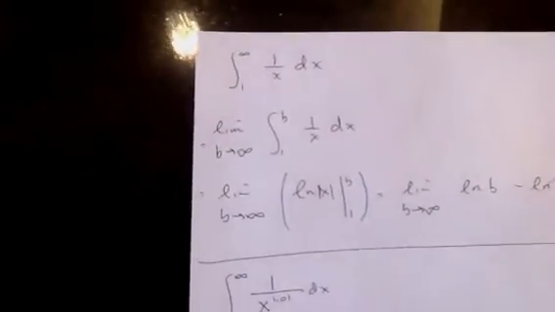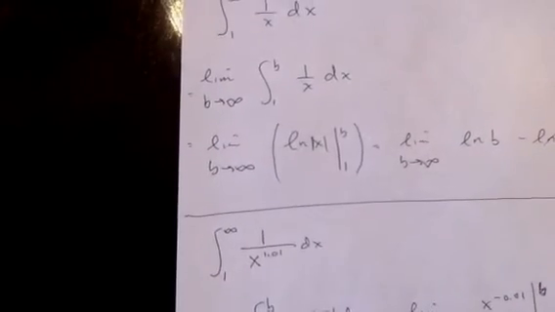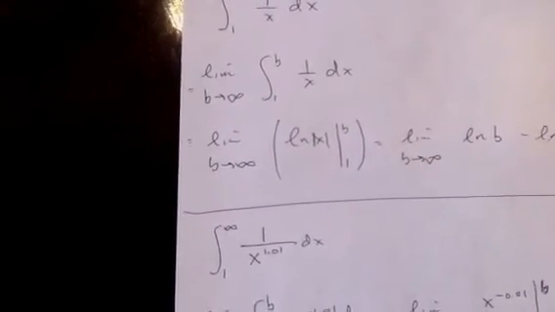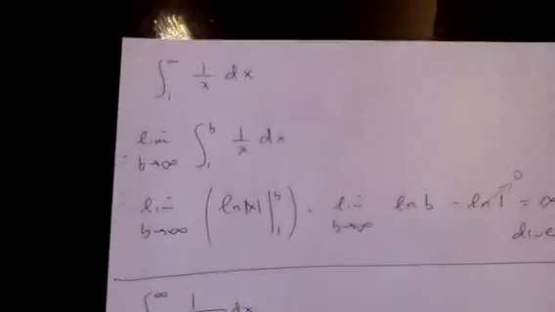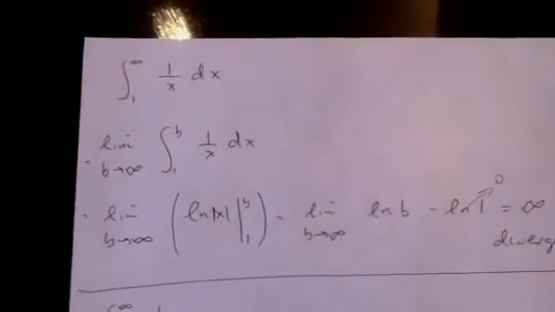So, in reviewing, going from 1 to infinity of anything with a power greater than 1 will converge. Anything with a power of 1 or less diverges.